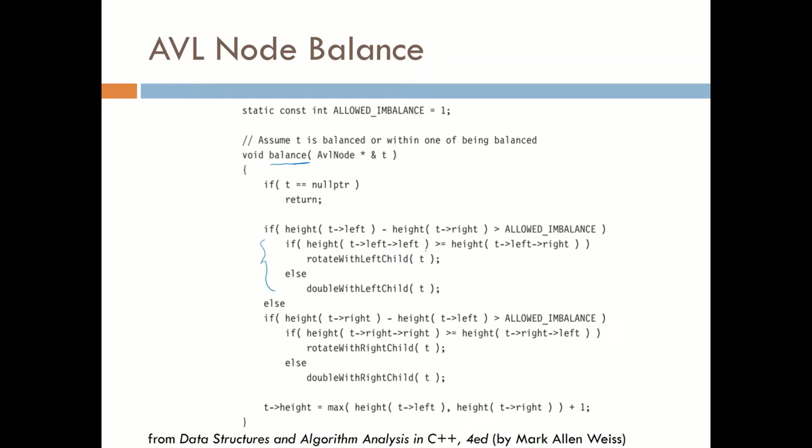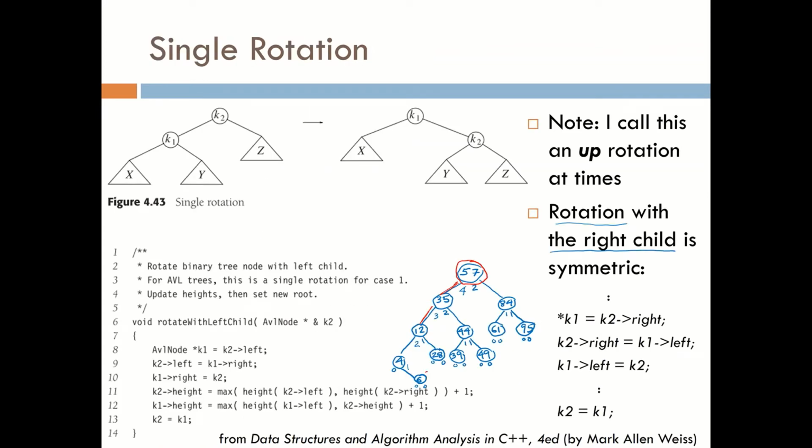And we notice that it came from the left subtree, so that a single rotation is warranted. And that is calling rotate with left child and passing it t, which is the parameter that came into the function. So that is in this case the node that's out of balance, 57.